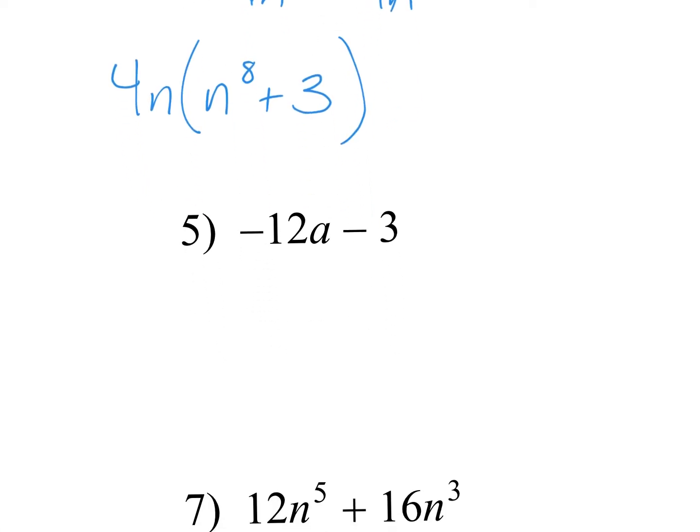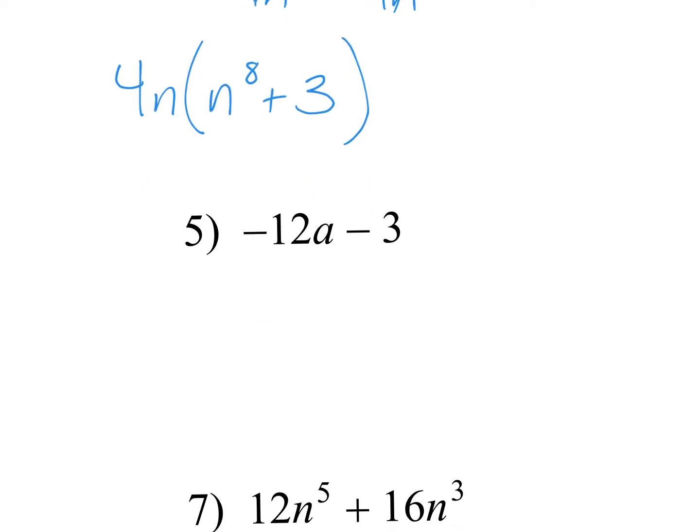5 is a tad bit different. How's 5 a little bit different? Negative. There's a negative. If your expression is written in standard form, which this is, and you lead with a negative, do you see how this first term has a negative? You want to factor out the negative. So I look here. What number do 12 and 3 have in common? 3, right?